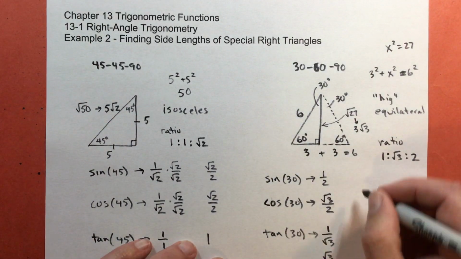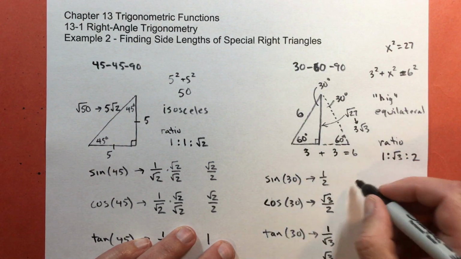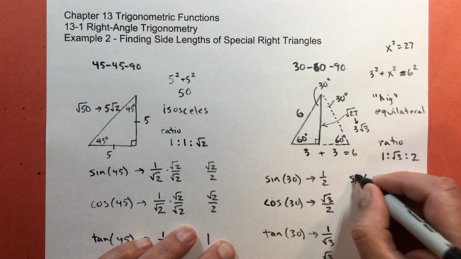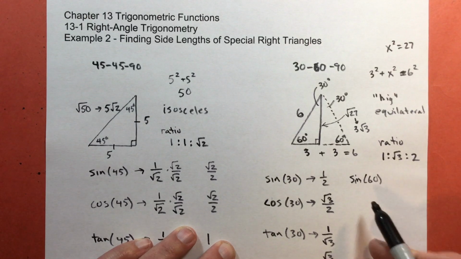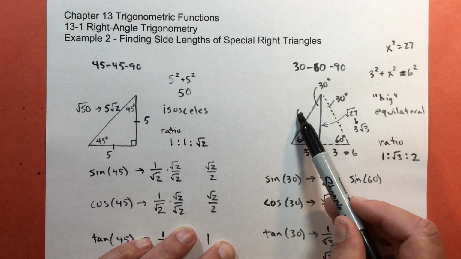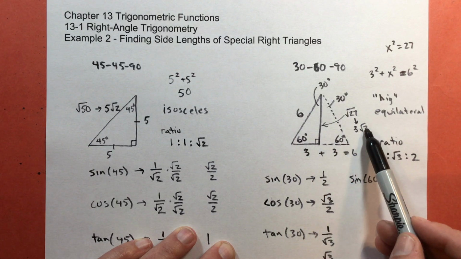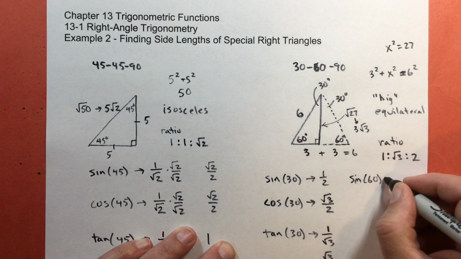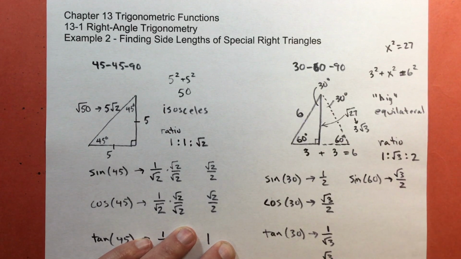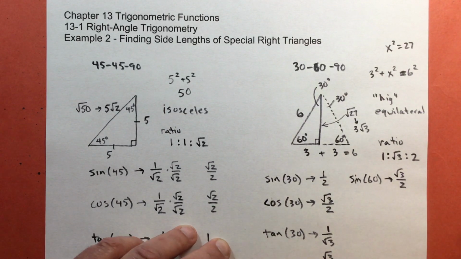Now that's the 30. Let's talk about the other angle, the 60. The sine of 60 is going to be, here's my 60 degrees, opposite over hypotenuse, 3 times the square root of 3 over 6. That's the square root of 3 divided by 2. Pause for a second and notice something about that.